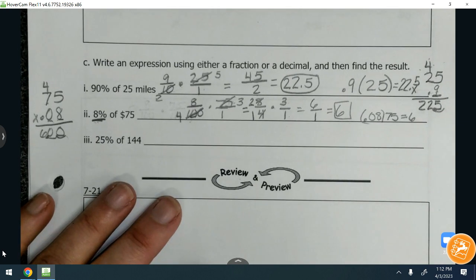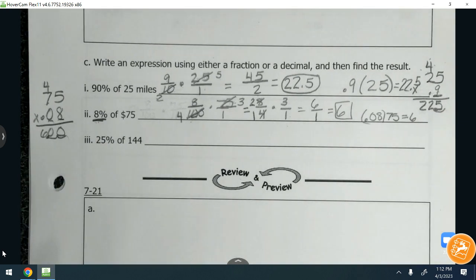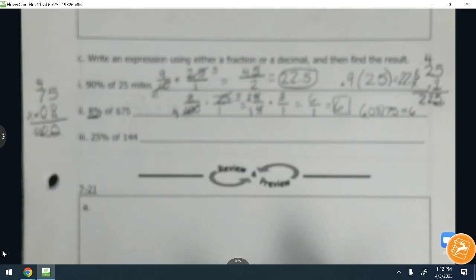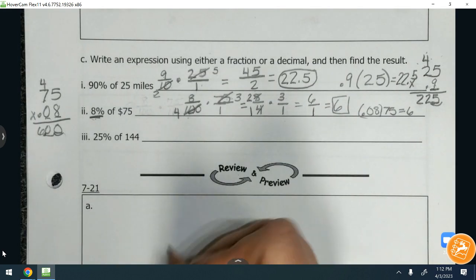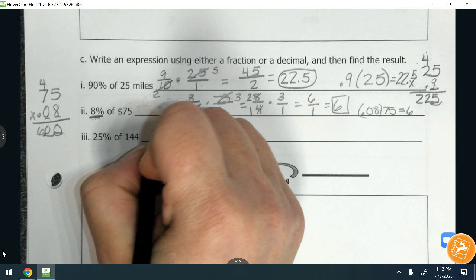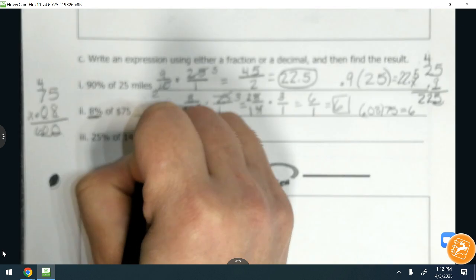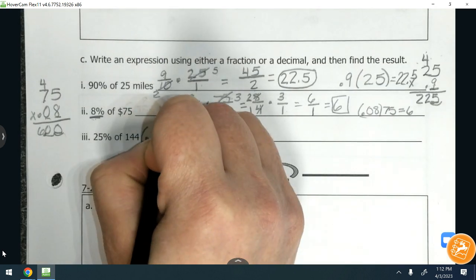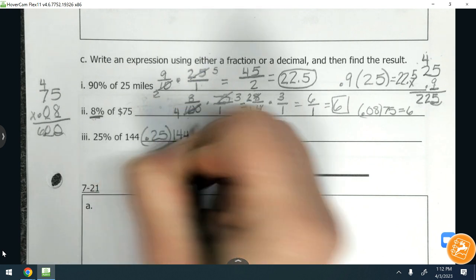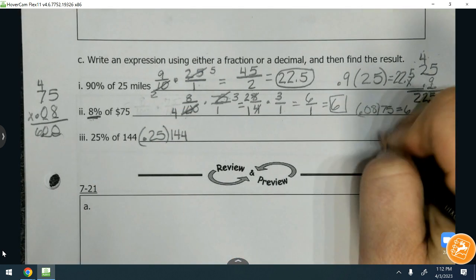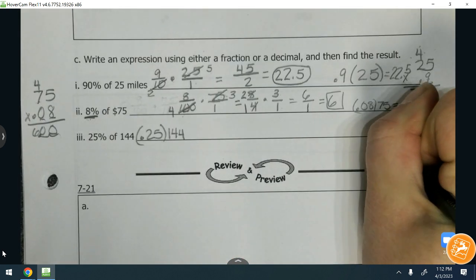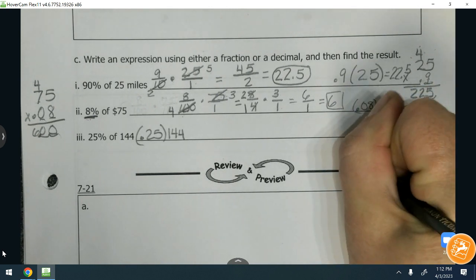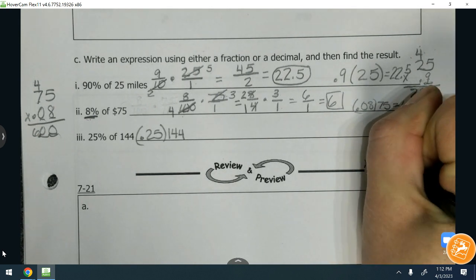All right, so for 25% of 144, this time let's do the decimal first. So I have 25/100ths times 144. 144 times 25.